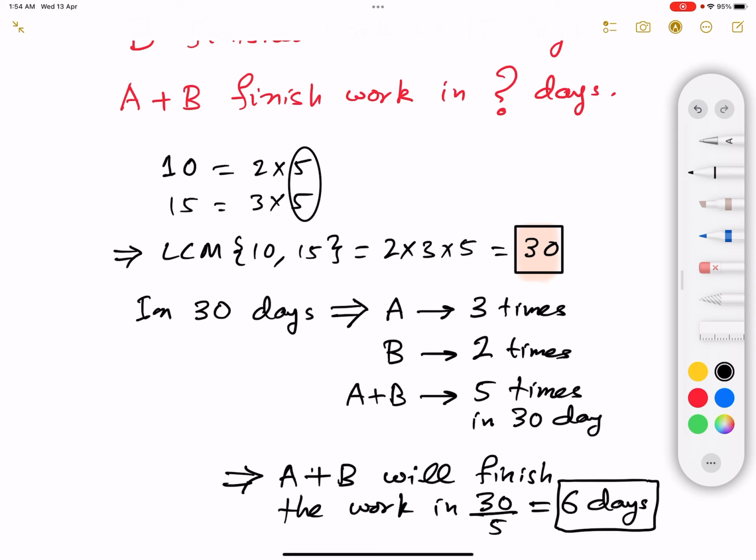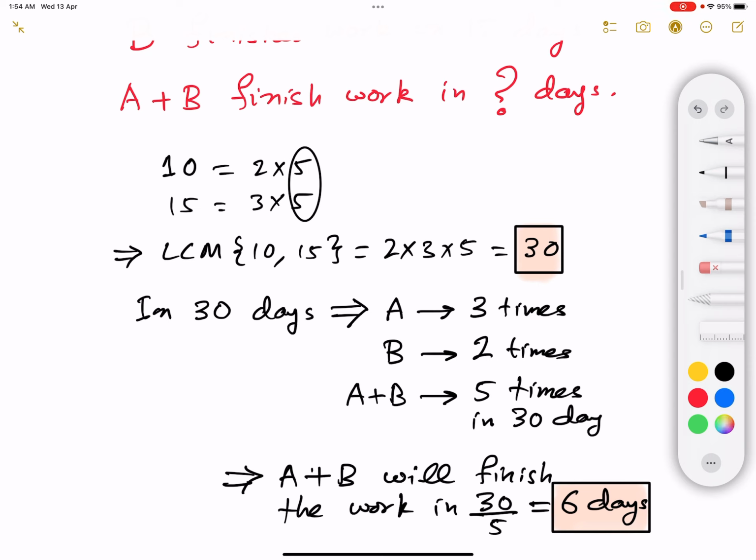It looks easy, straightforward and intuitive at the same time, so I would prefer this kind of solution. But what you need to calculate is the least common multiple. You don't have to worry about it, though. You can multiply 10 times 15, the multiplication of the numbers, and say 150 days, but the least common multiple would make things easier.